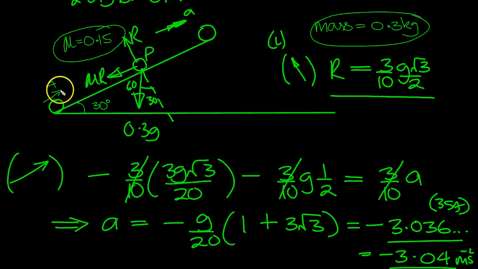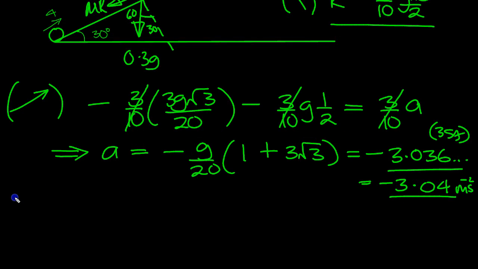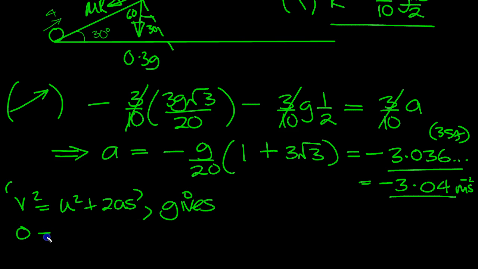Now we know the initial speed, so we can get the distance, can't we? Because the final speed when it comes to rest is 0. So v squared equals u squared plus 2as. Let's apply that formula. So 0 will equal the initial speed, 4 squared, which is 16, plus 2a times s.